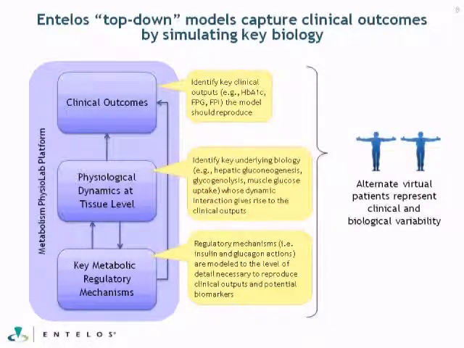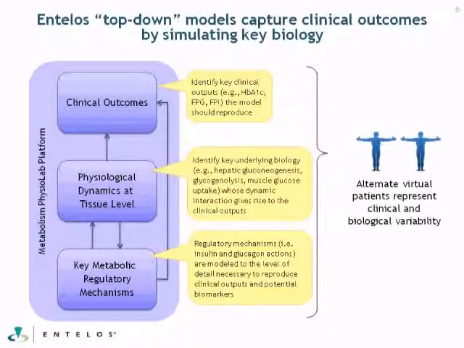This is because the mathematical equations or the dose-response curves of hundreds to thousands of biological processes available in the metabolism platform are variable for different individuals due to genetic and lifestyle differences contributing to differences in the underlying disease etiology. We can therefore create alternate virtual patients with alternate mathematical solutions.